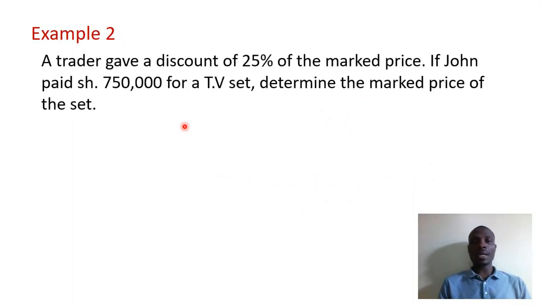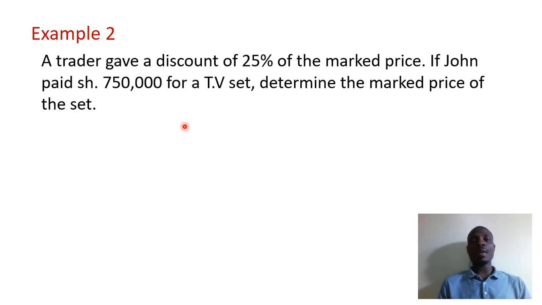Example 2. A trader gave a discount of 25% of the marked price. If John paid 750,000 shillings for a TV set, determine the marked price of the set. So this time round, they have given us the amount paid.